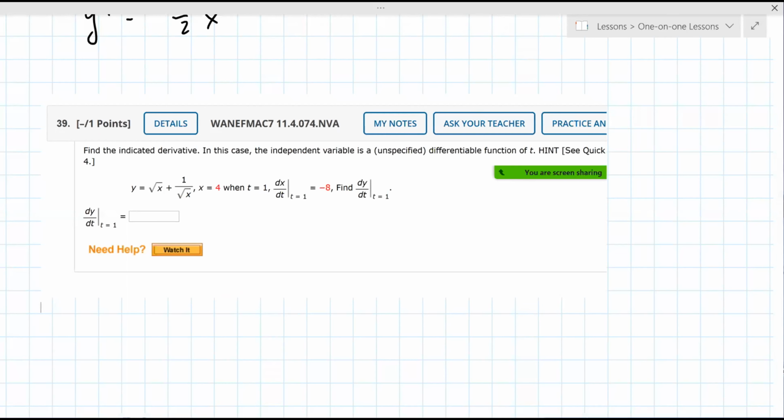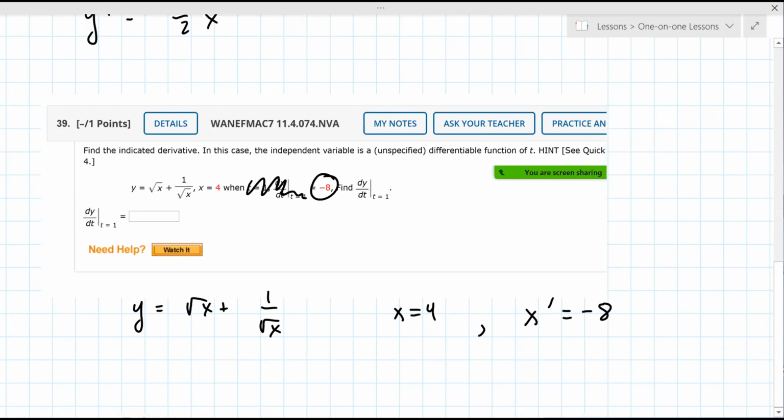Yeah, so let me try to simplify this. They're telling you that y equals the square root of x plus 1 over the square root of x. They're telling you that x equals 4, and they're telling you that x prime equals -8. Like that's not important, but that number is.